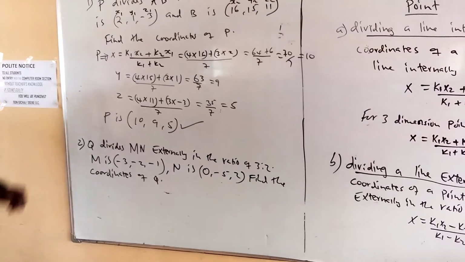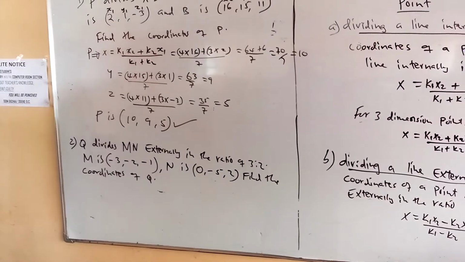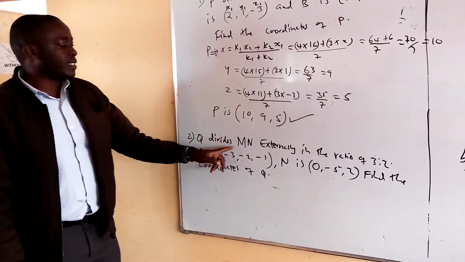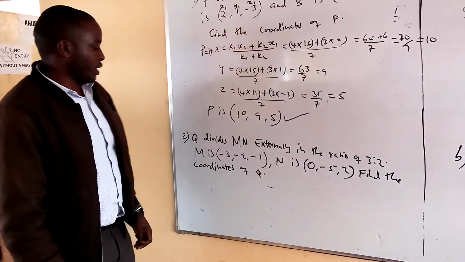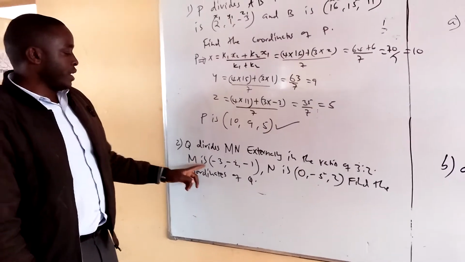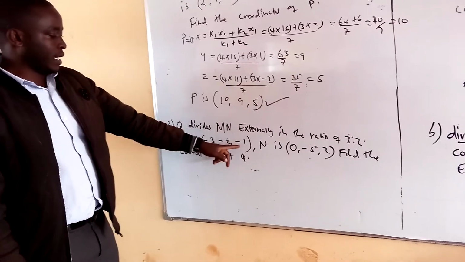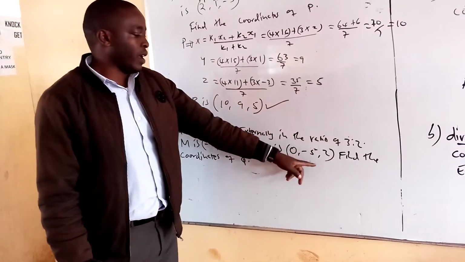So for the external, we do the same, but we minus. Now, example 2: Q divides MN externally in the ratio of 3:2. M is (-3, -2, -1), and N is (0, -5, 2).